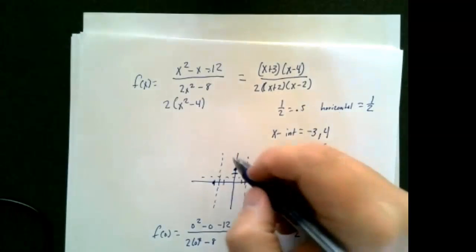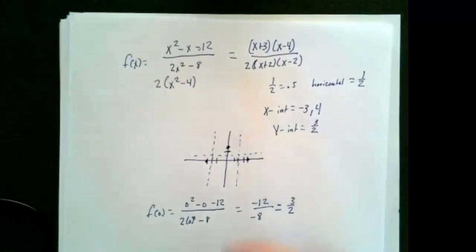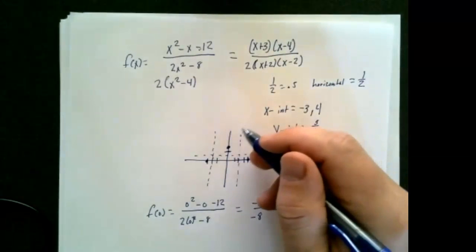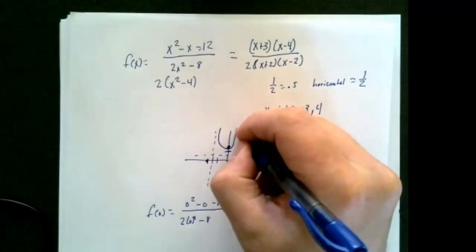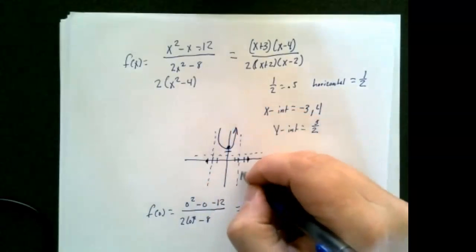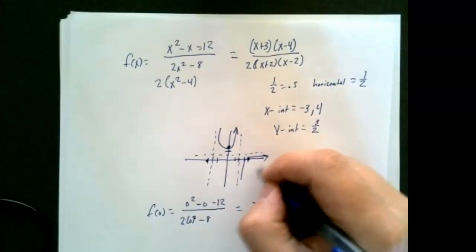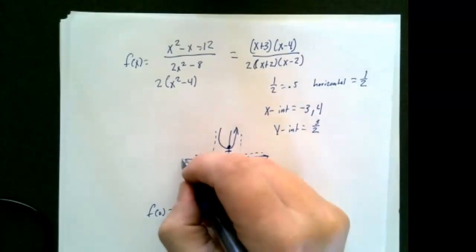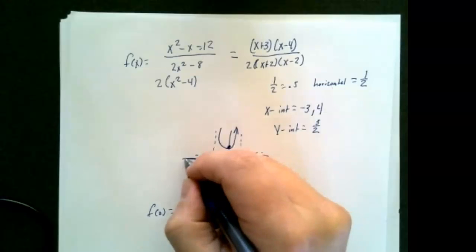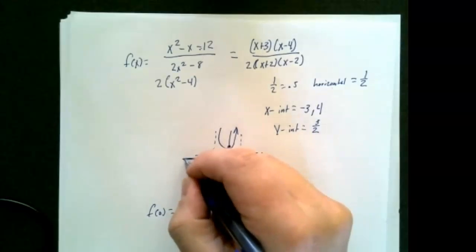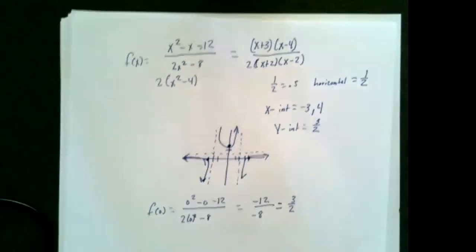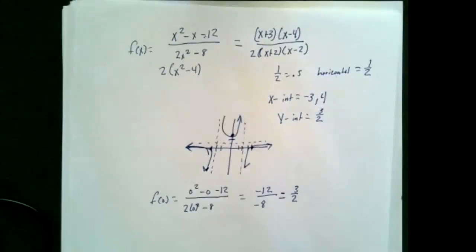So from the information, we have x-intercepts, y-intercept, and our asymptotes, so we can carry on and graph something that looks like that. That's what our graph is going to look like.